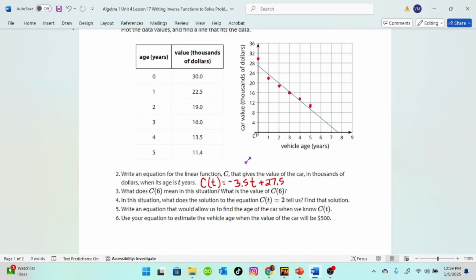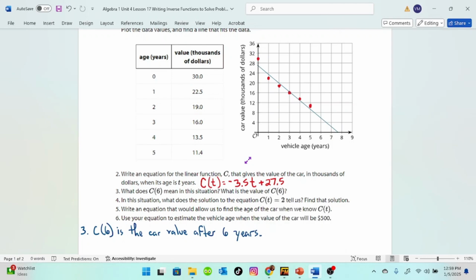Well, 6 is the input, and that was t, and the t represented the vehicle's age. So c of 6 represents, or is, the car value after 6 years.